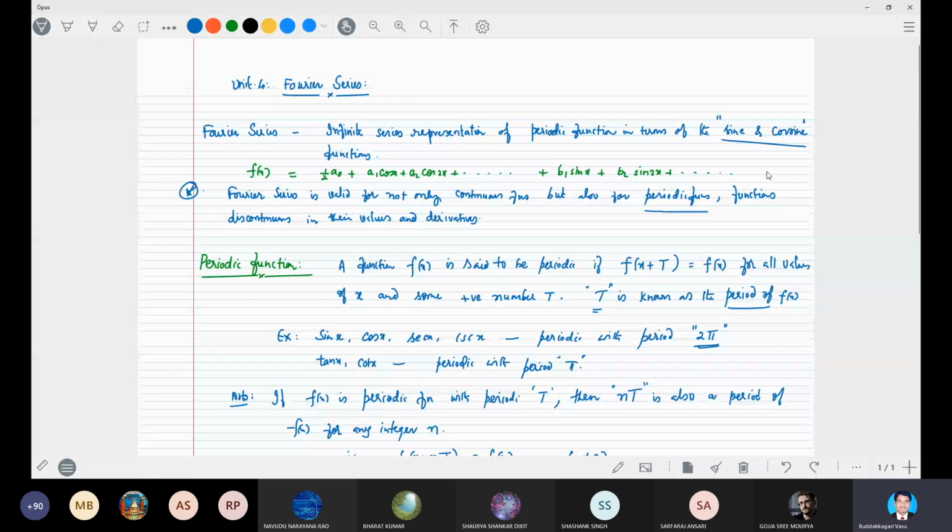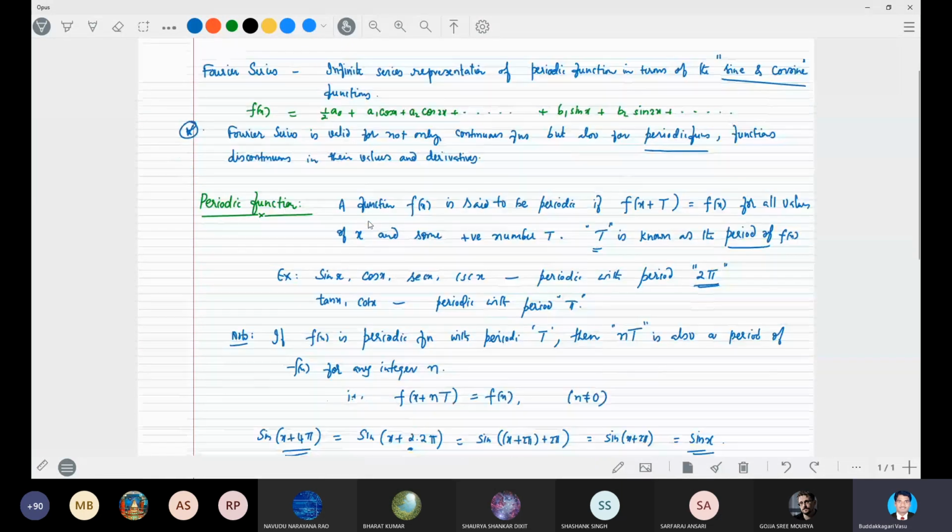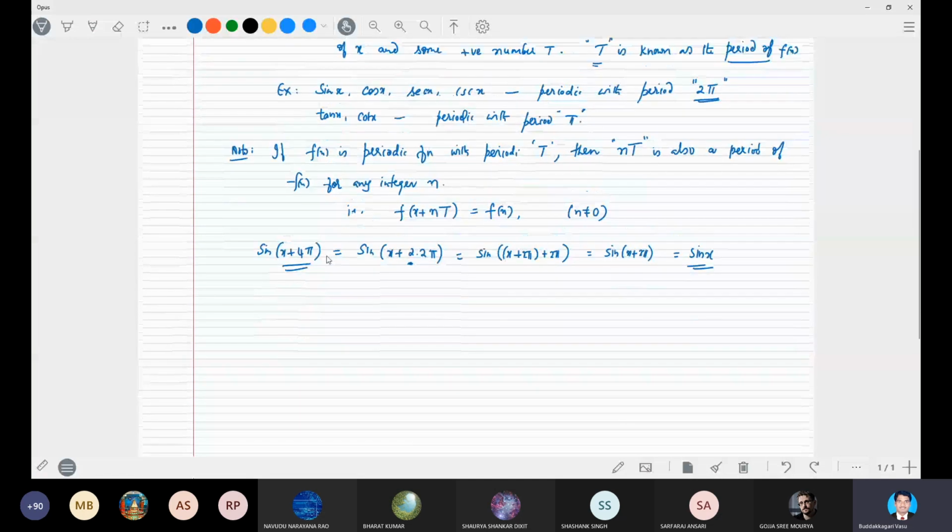So a function, any function f(x), can be approximated as an infinite series of terms, sine and cosine functions. This is what we can define as the Fourier series.